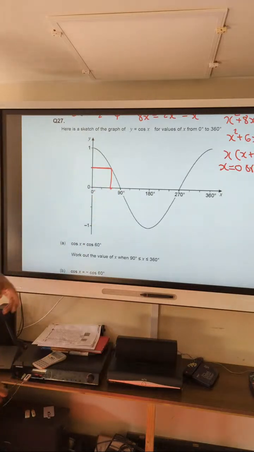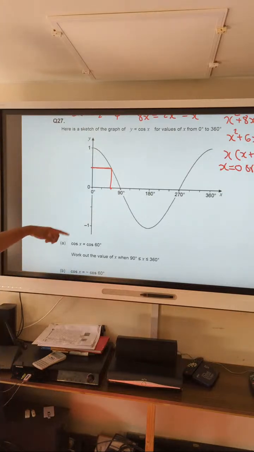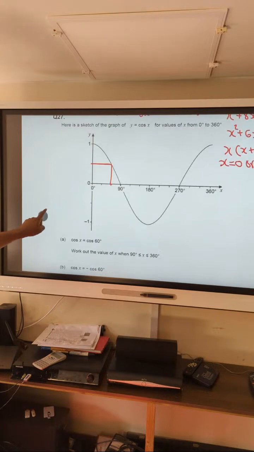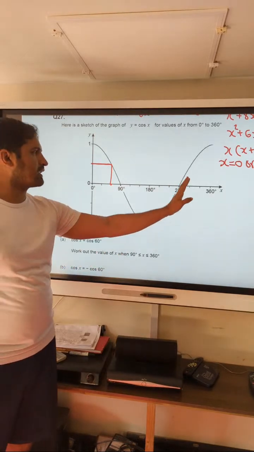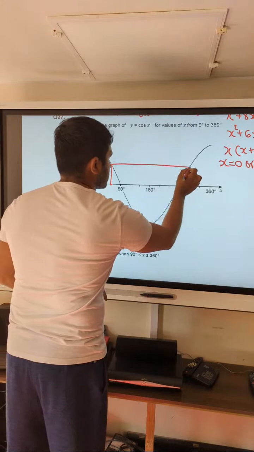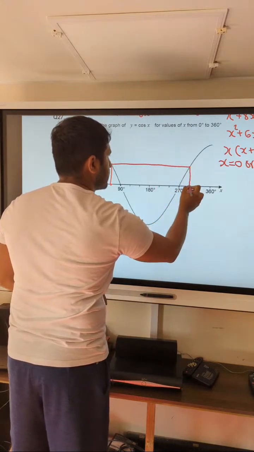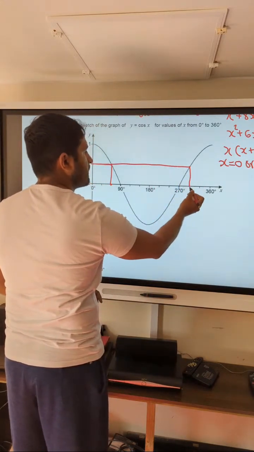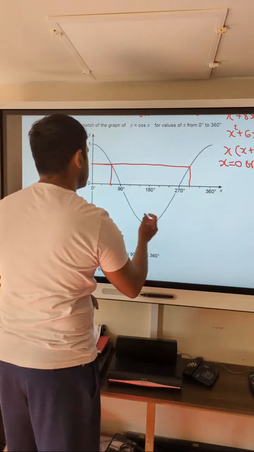So cos 60, the value there is going to be half. But there is also another value between 90 and 360. If you continue with that line, it's going to give you the same value here, which is 270 plus 30, which gives you 300.